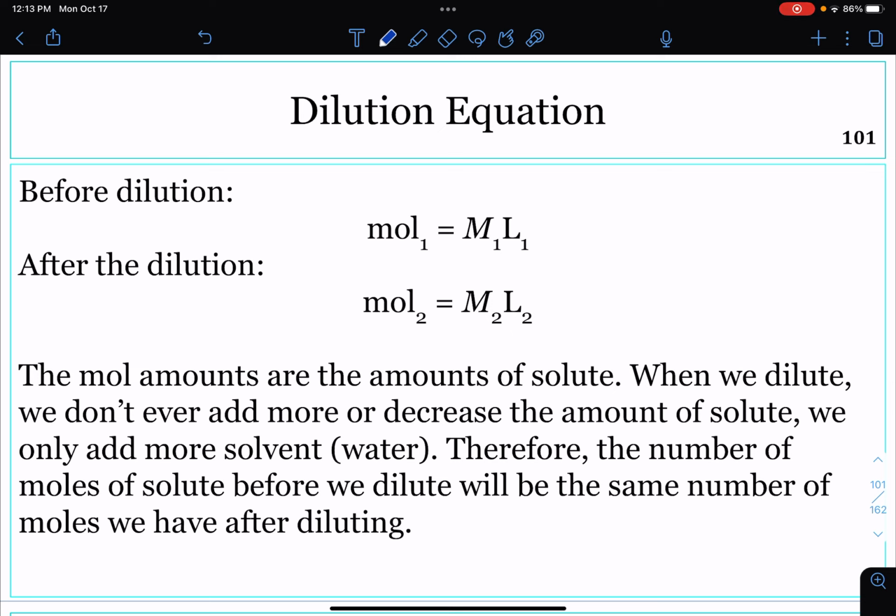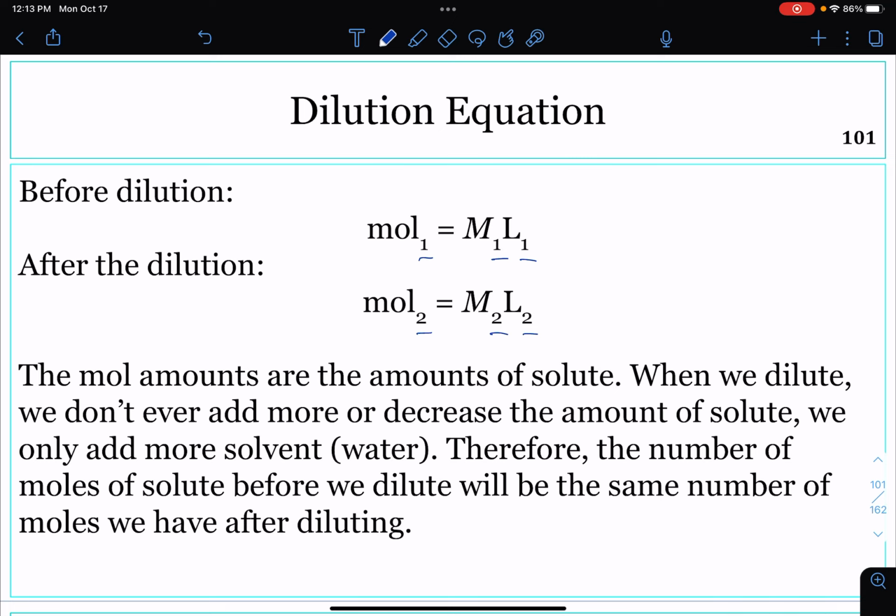Our molarity equation is this, if you remember. Molarity, capital M, is equal to moles over liters. When you multiply liters on both sides of the equation, we get moles is equal to molarity times liters. The sub 1s refer to before the dilution, and then the sub 2 on each of the variables refer to after the dilution.